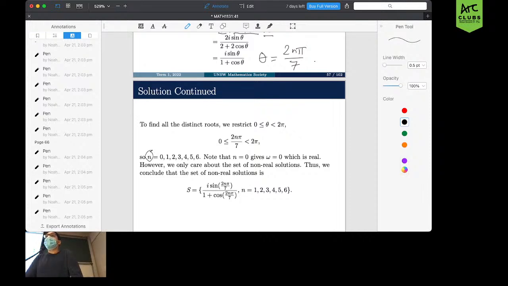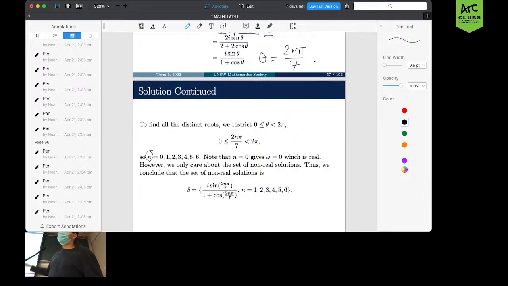Yep. So you don't have to prove that the other values will give a complex answer, or it's just inferred? Yep. So you're asking why we only checked that n equals 0 gives us a 0 solution. So omega is i sine theta divided by 1 plus cos theta, which will always be purely imaginary if and only if sine theta is not equal to 0.